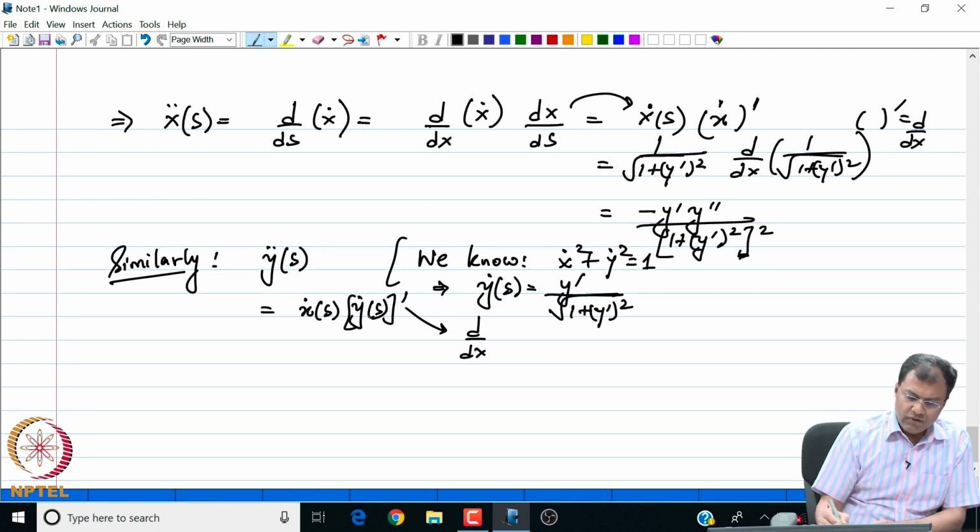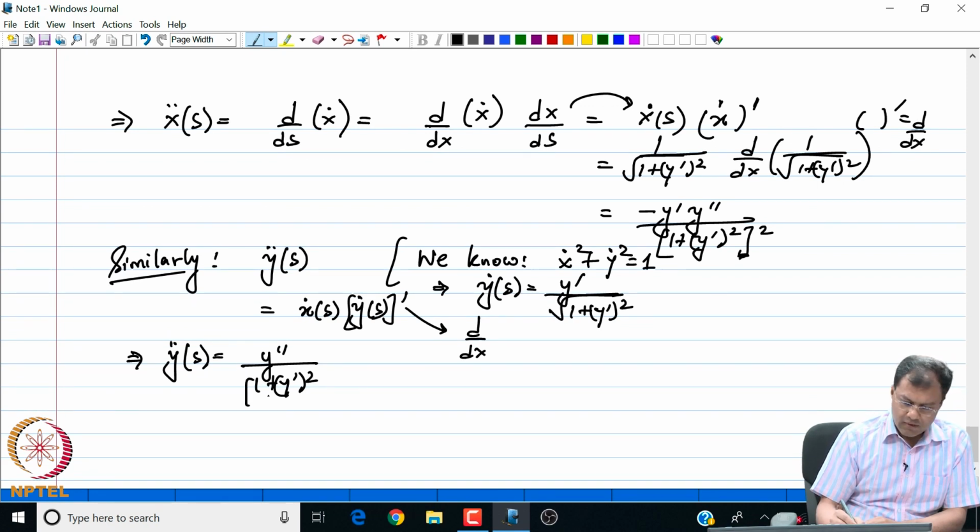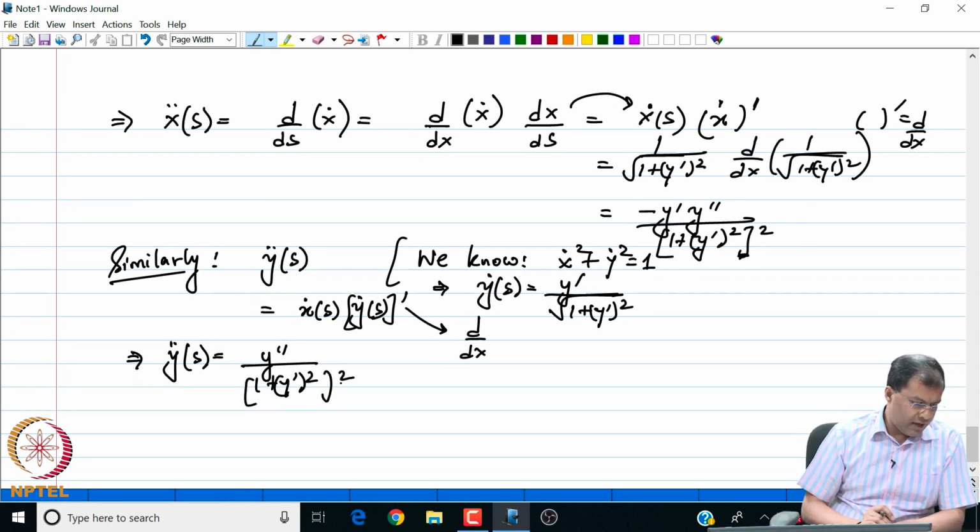Once we substitute all these expressions, I get that finally y double dot of s comes out to be y double prime divided by (1 plus y prime square) whole square. Okay. So that is what we get.